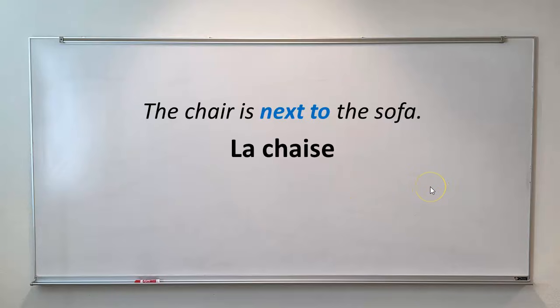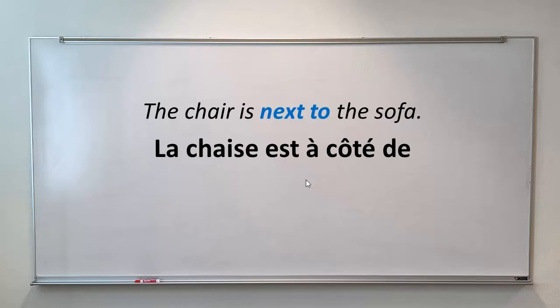La chaise, subject. Remember, if you're trying to put together complete sentences in French, it's always SVO, subject, verb, object. La chaise, and then verb. It's a form of the verb être. La chaise est. The chair is. Next to, you know how to say that now.